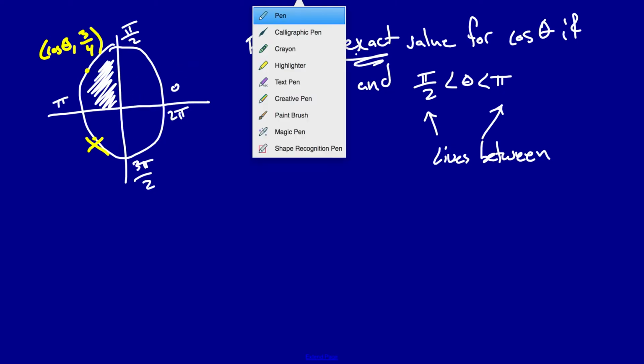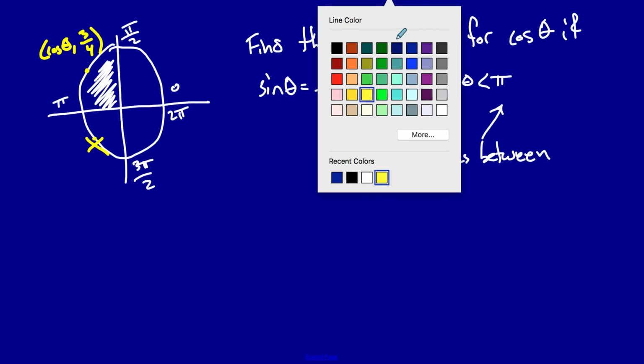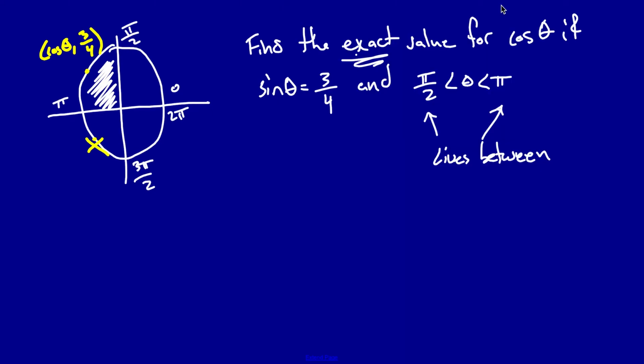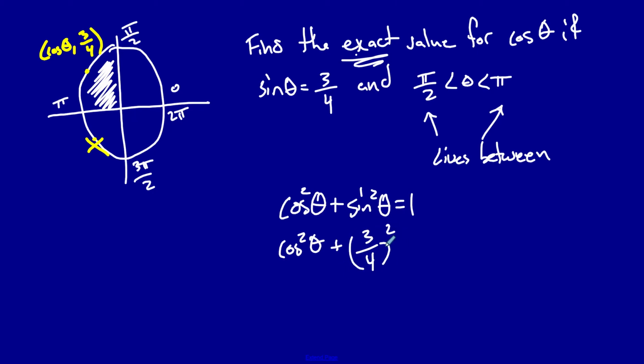All right, so we're going back to figure this one out, and this is going to give you an opportunity to disregard one of your answers. So cos squared theta plus sine squared theta is equal to 1. And so I'm going to plug this in. It's a lot like the first type of example: cos squared theta plus 3 over 4, and that's squared, equals 1.